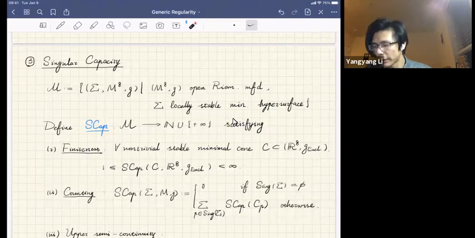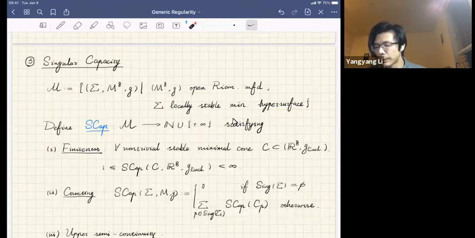So we define a new invariant called singular capacity. It is defined on the following triples, sigma, M, g, where M is the remaining manifold, possibly with some boundary, which is open, and sigma is a locally stable minimal hypersurface.